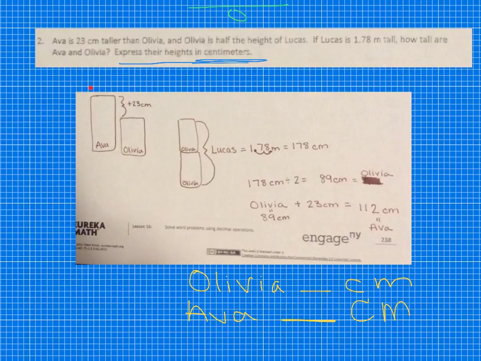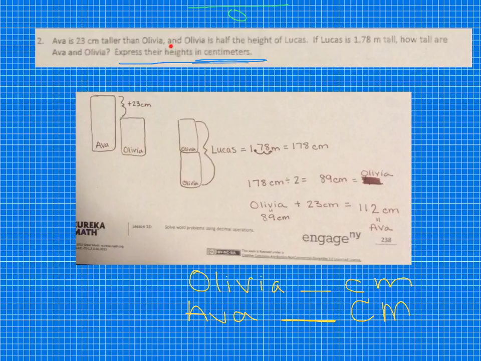Okay, Ava is 23 centimeters taller than Olivia. Now, it doesn't have to be exact, but I know that 23 centimeters taller means Olivia is shorter, right? Ava is taller than Olivia, okay, by 23 centimeters. So I drew Olivia a little bit shorter and put a little thing here that said that this distance between their heights is 23 centimeters, okay?